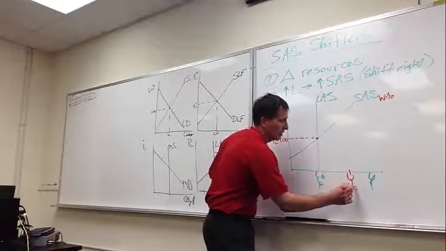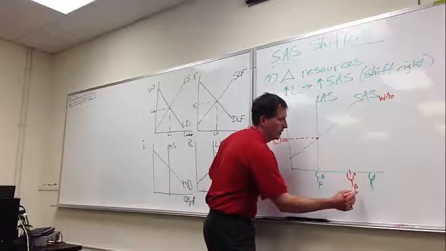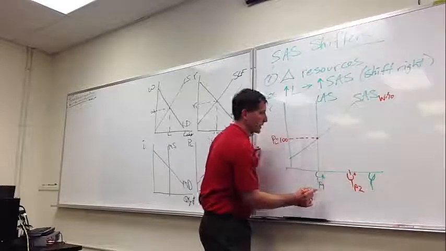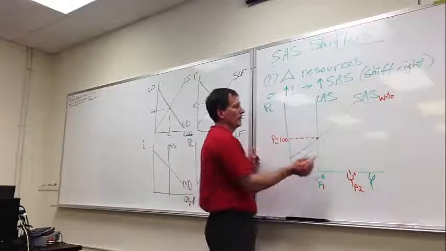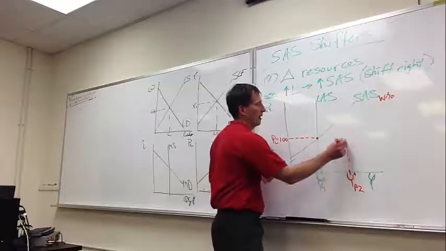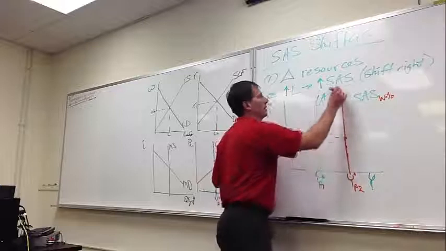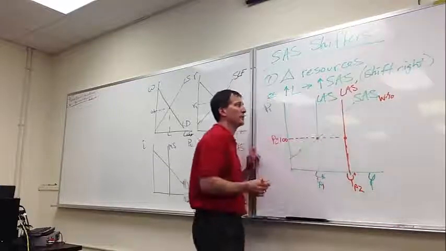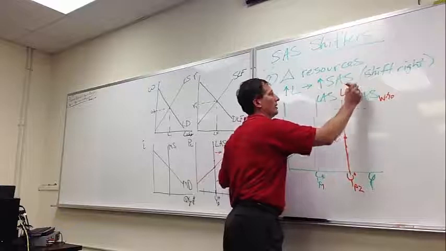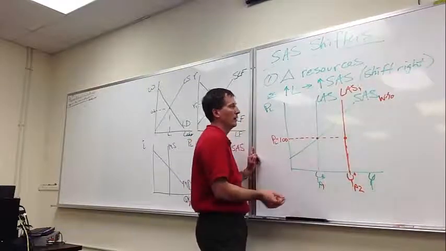So our potential would move to, let's call it P2, let's call this P1. And I want you to draw it like this. So the long run aggregate supply curve would move to the right, to that level.